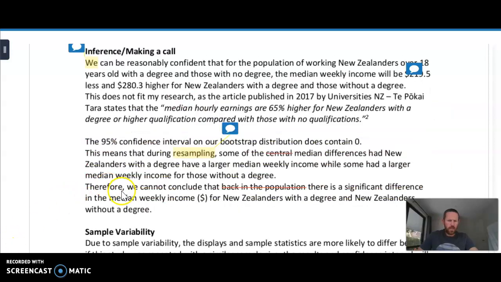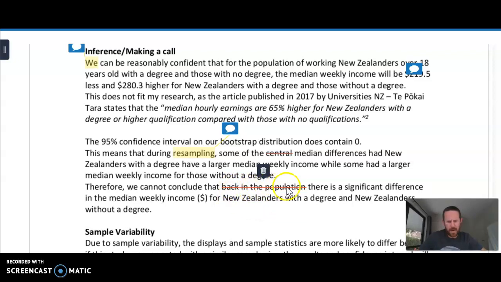Also in the conclusion, some of you did a great job of reporting back who your population was about, and this person in particular: Therefore, we cannot conclude that there is a significant difference in the median weekly income for New Zealanders with a degree and New Zealanders without a degree. I really like that, and quite a number of us didn't put the population in the conclusion, which you must do.